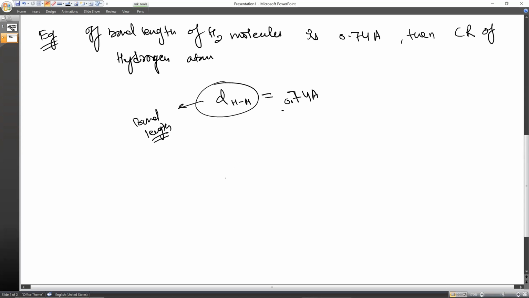The radius of H will be approximately half of this, the bond length of the HH molecule divided by 2, that is 0.74 divided by 2, which gives 0.37.